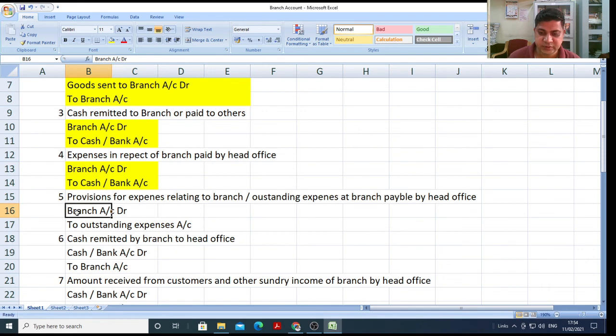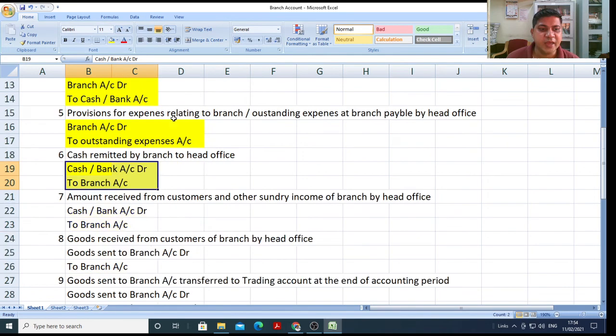Provision for expenses relating to the branch or outstanding expenses at branch payable by the head office. Entry will be branch account debit to outstanding expenses account. Cash remitted by the branch to head office, cash or bank account debit to branch account. Cash received from customer or other sundry incomes of the branch by head office.